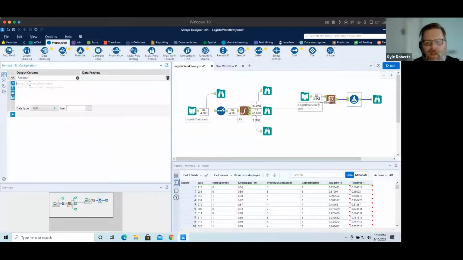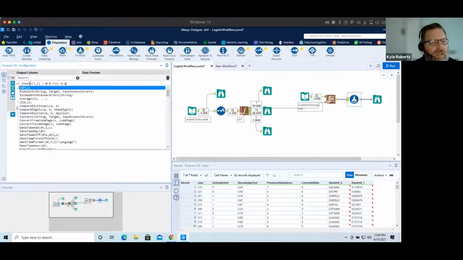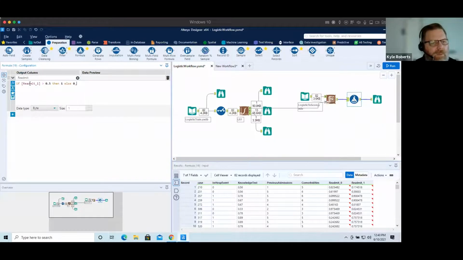Here's what we're going to say: if readmit 1 is greater than 0.5, then 1, else 0, and we'll do an end if there. In other words, we're making ourselves a dichotomous variable, and I'm not going to call it readmit.